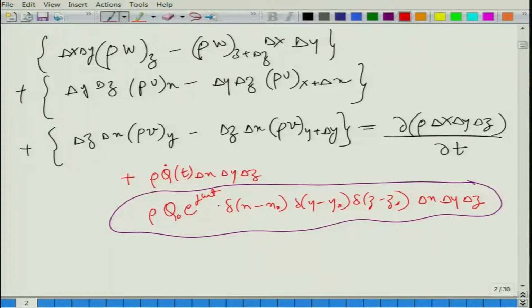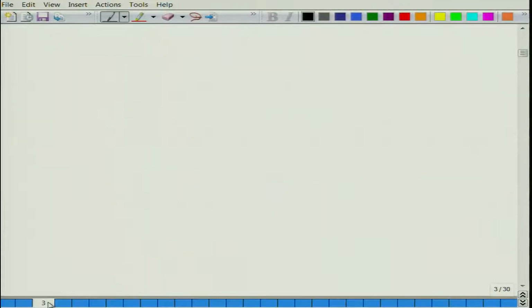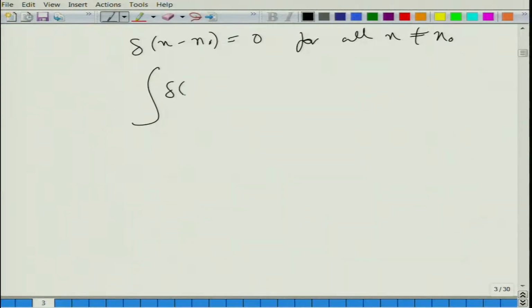This is the first time I guess we are talking about these functions in this course, so a small digression I must make. A Dirac delta function, delta x, you can consider as the Dirac delta function in the Cartesian system, and this is defined as 0 for all x not equal to x naught, and in the integral sense from minus infinity to infinity it comes out to be 1.